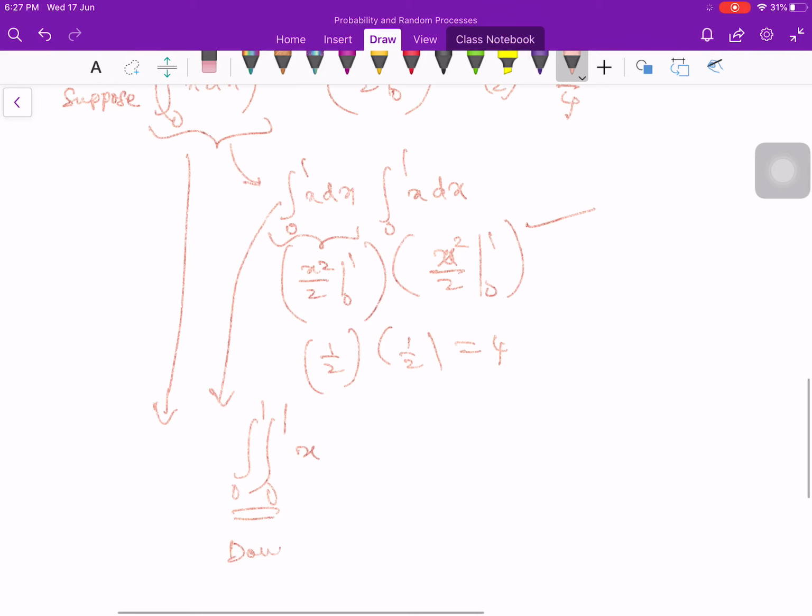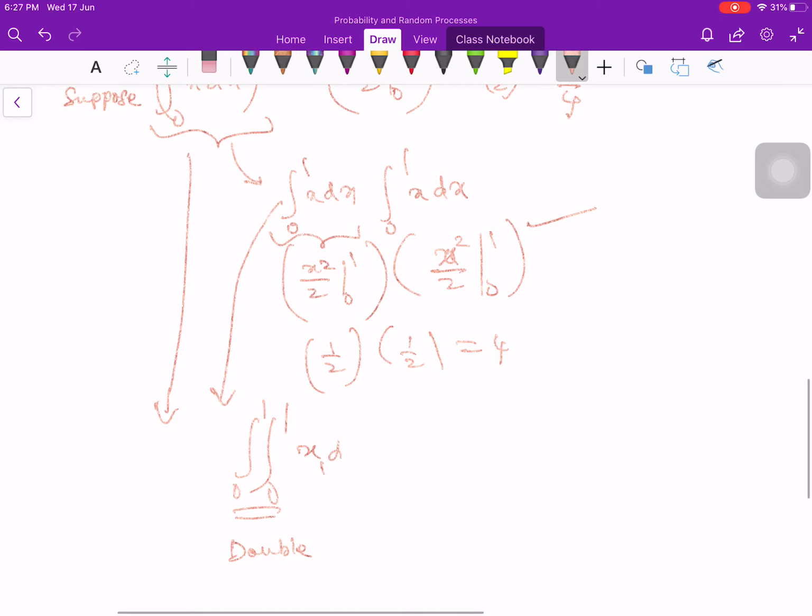Please recall the difference between a product of two integrals and a double integral, single integral, triple integral and multi-dimensional integral. So I am converting this one dimensional integral into a two dimensional integral: x1 times dx1 and x2 times dx2.